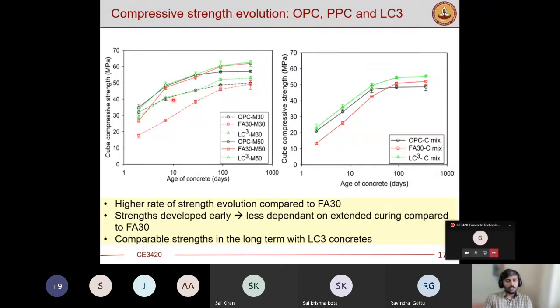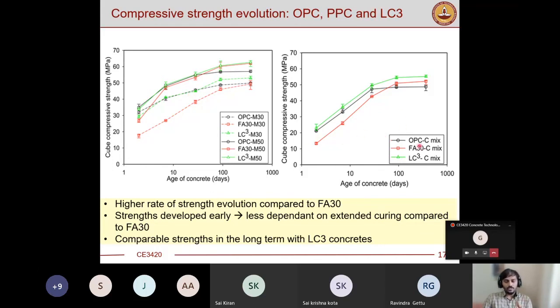One problem in construction is, when you adopt a blended cement, you have to cure it for a longer time. And we know that it's difficult in a construction site to cure it for a longer time, right? So when you go for this more optimized combination, like an LC3 binder, it can have similar strength development like your OPC, right? This is one major benefit which we can attain by using LC3.